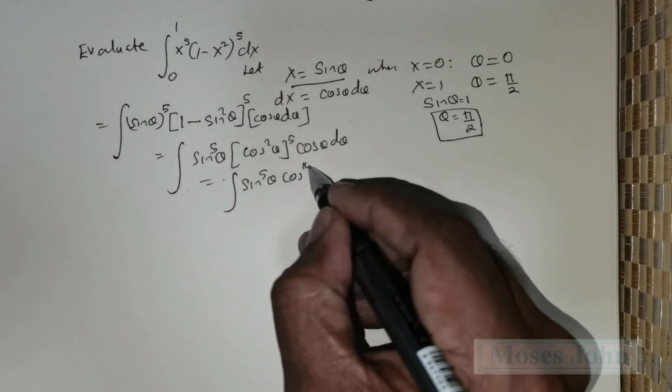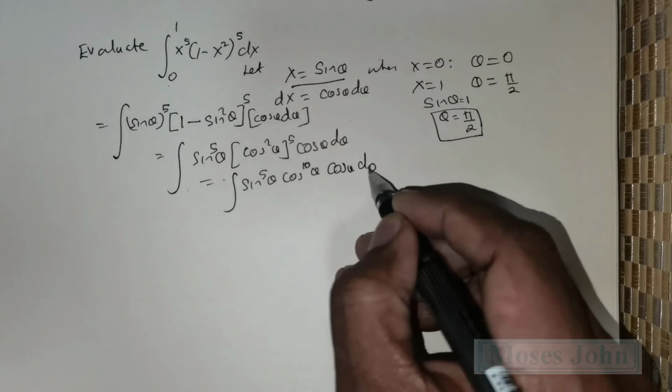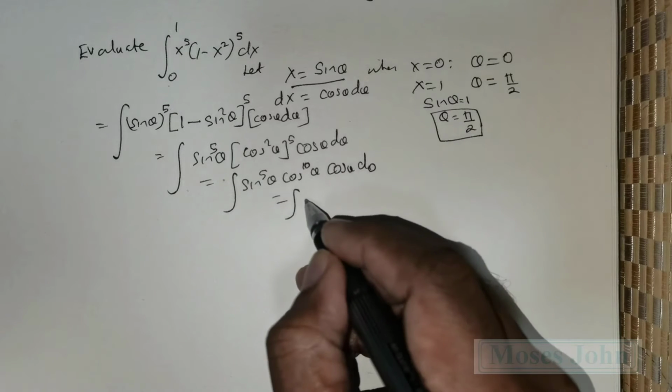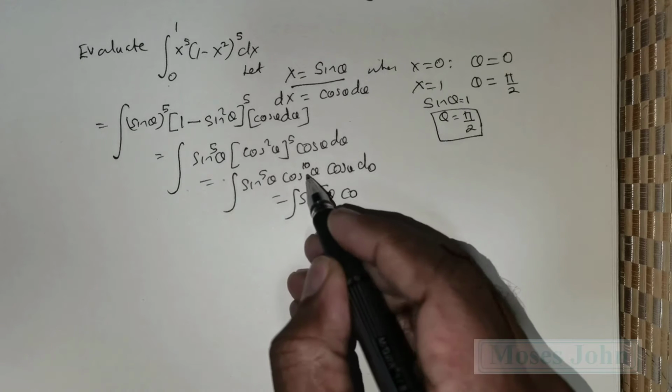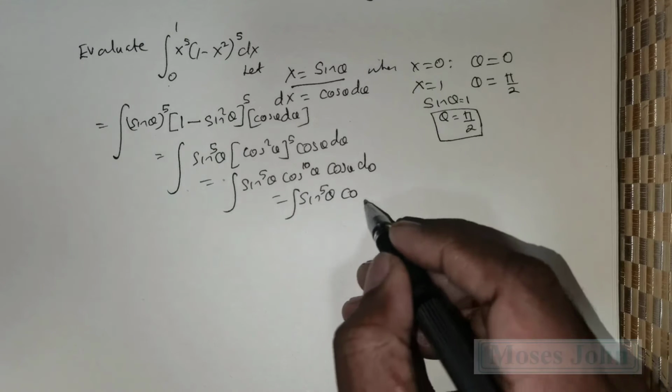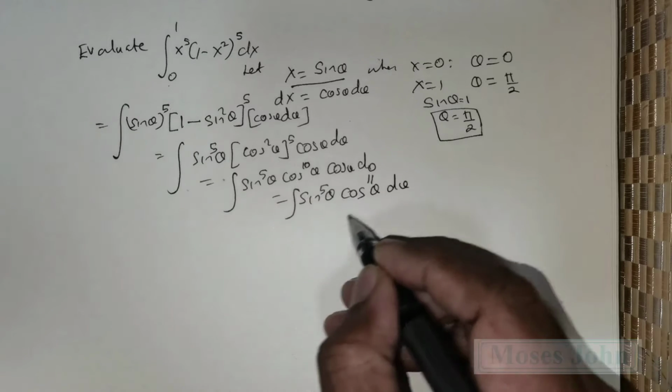Now cos squared theta raised to the power 5 is going to be cos^10 theta. There is also a cos theta here, so rewrite that. Sine^5 theta times cos^10 theta times cos theta will give you cos^11 theta times d theta.